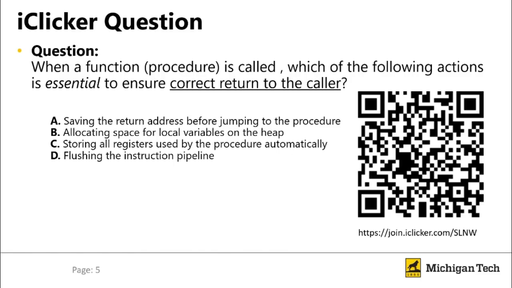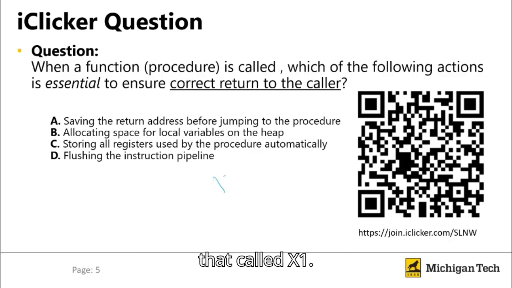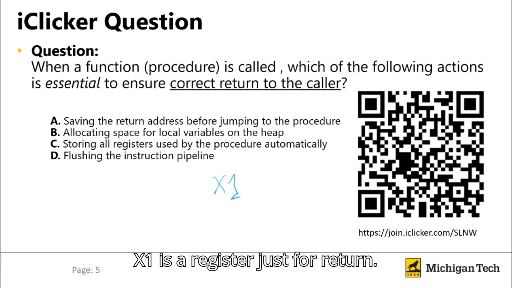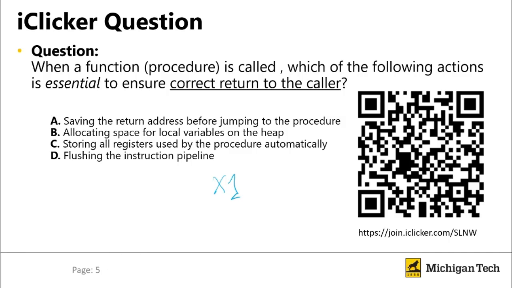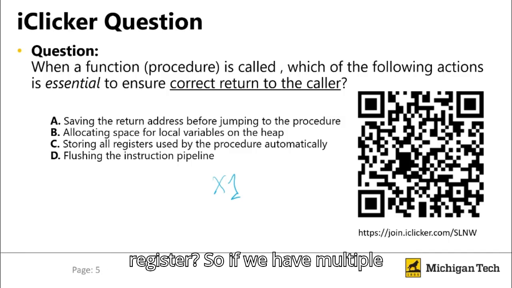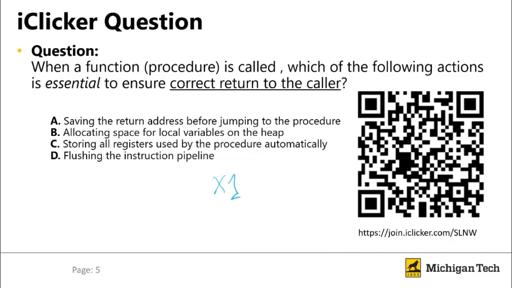We know in RISC-V we have a register for that called X1. X1 is a register just for return. So we always put it there. But it's just one register. So if we have multiple functions calling each other recursively, we have a problem.